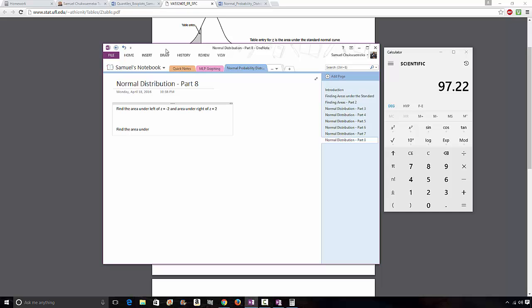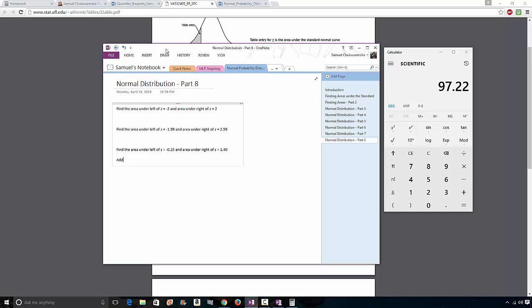Next one, find the area under left of z to be -1.59 and area under right of z to be 2.59. Then the last one, find the area under left of z to be -0.25 and area under right of z to be 1.40.